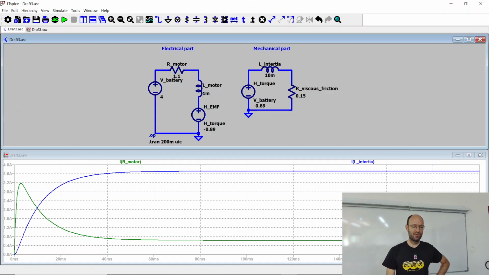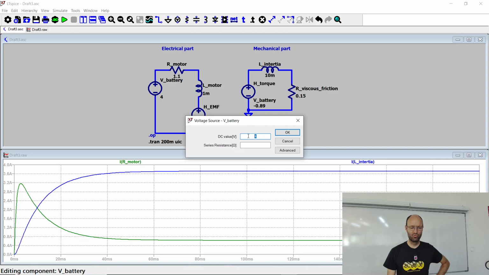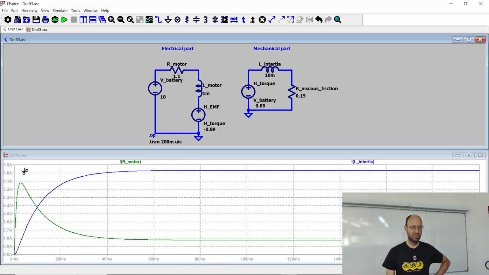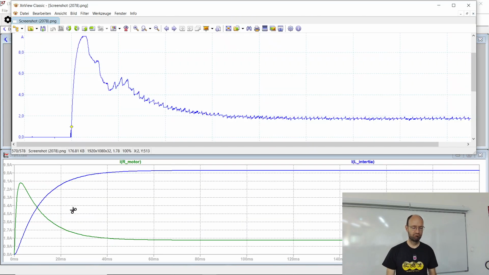If I remember correctly, probably you won't remember, for this measurement I've not used 4 volts of source voltage but 10 volts of source voltage. So with 10 volts instead of 4 volts, yeah, we also reach higher currents. And so the agreement between this blue curve here and this greenish curve here is quite good, I would say.